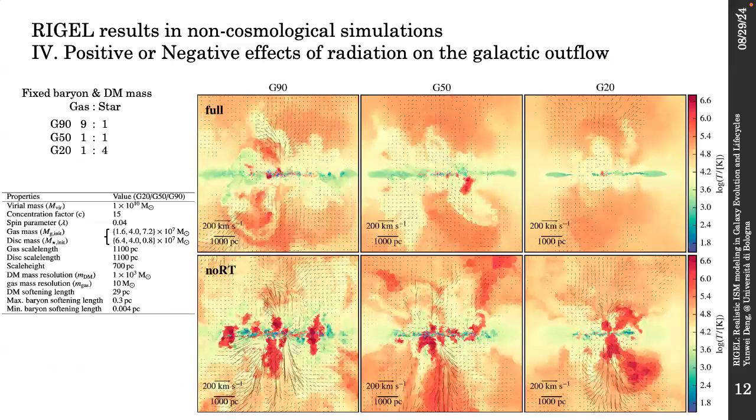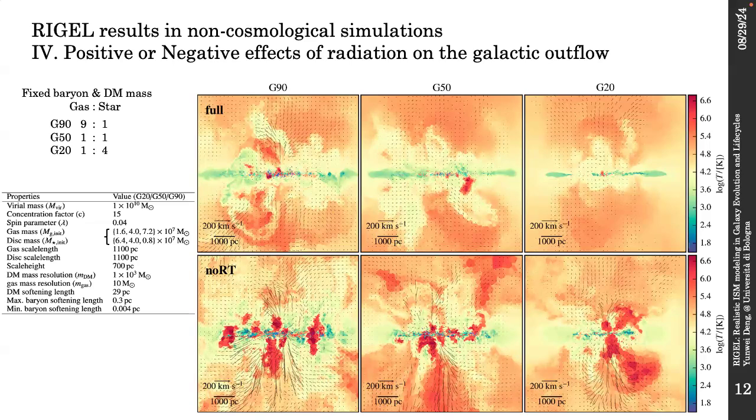At larger scale, galaxy outflow is also of great interest for our simulation. For example, to investigate whether the radiative feedback plays a positive or negative role on launching galactic outflow, we run a new suite of simulations, and we set three different initial conditions with the same total dark matter mass and the same total baryon mass. So the gravitational potential is the same, but we set different ratios between the stellar mass and the gas mass.